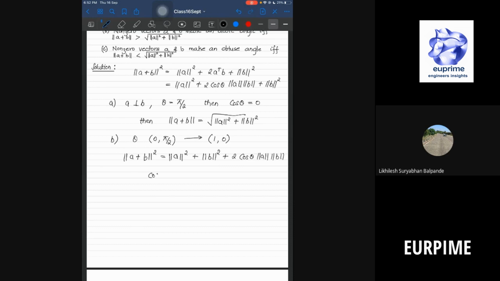Since cos theta is greater than 0 when theta is between 0 to pi by 2, this term will always be greater than norm of a square plus norm of b square.